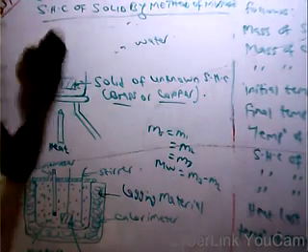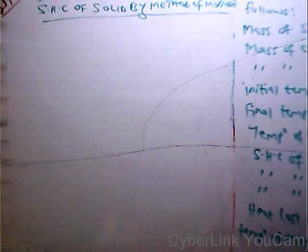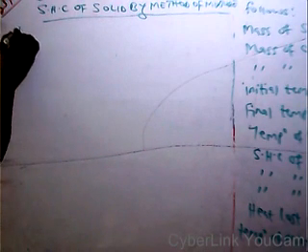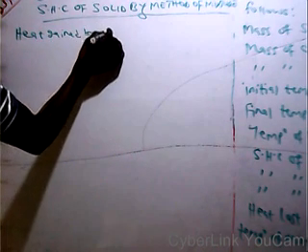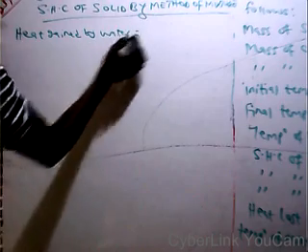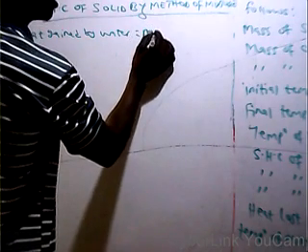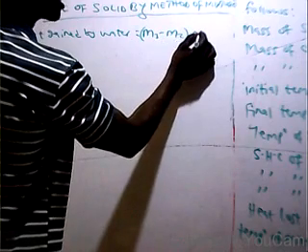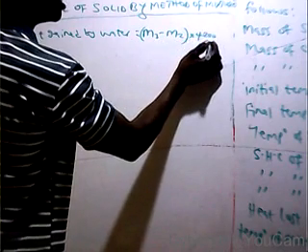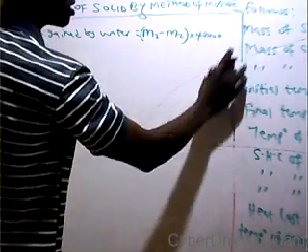The heat gained by water equals the mass of water, which will be M3 minus M2, times the specific heat capacity of water, which is 4200, times the change in temperature of water.